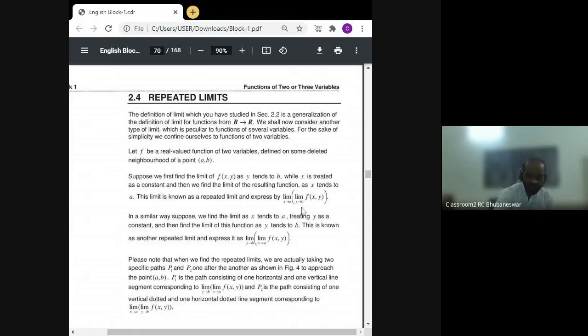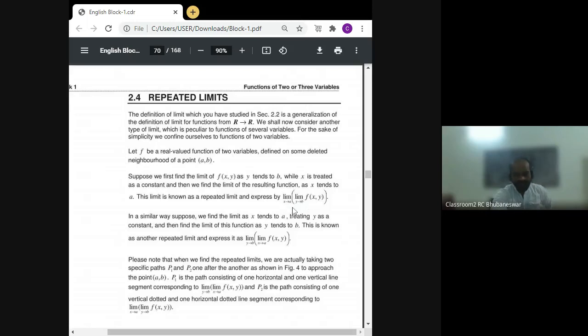Here, first we represent inside the bracket the limit as y approaches b of the function f(x, y), then the limit as x approaches a outside of the bracket. So the meaning is that first we have to calculate the limit of the function as y approaches b, treating x as constant. Then finally, after calculating the inner limit inside the bracket, we have to calculate the limit as x approaches a.